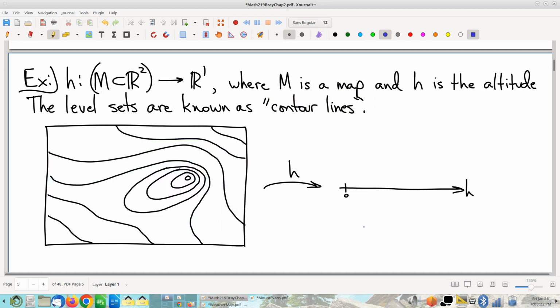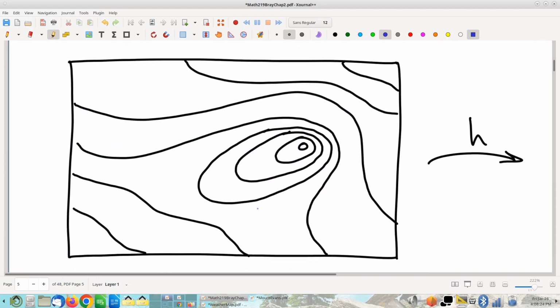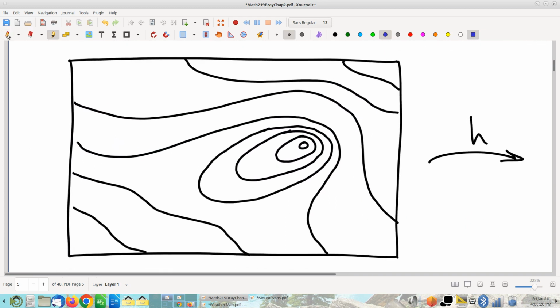Now, I claim that you can use this to make decisions in certain ways. So, for example, if I were here and I wanted to get to the top of the mountain there, and if there was a trail that looks like that on the map, and if there were a trail that looks like this on the map, now I got to decide which trail do I want to take.